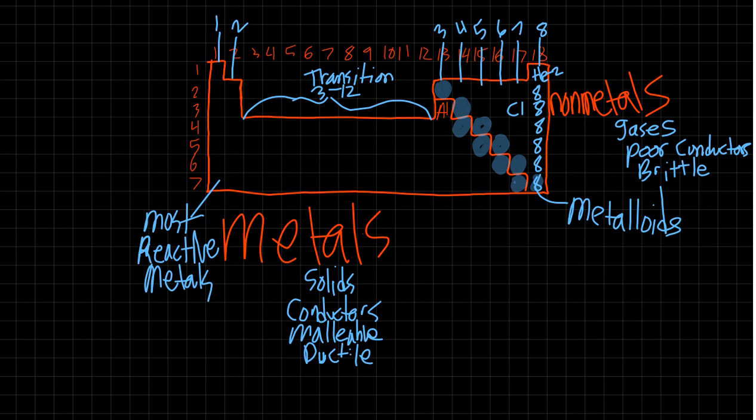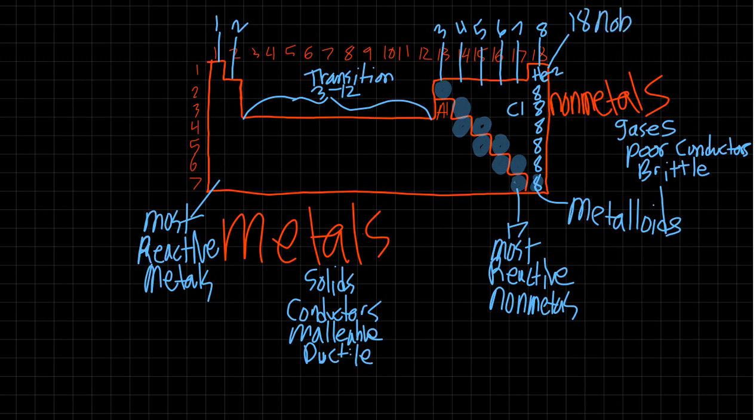Group 17 are the most reactive nonmetals. Group 18 are the noble gases, and they are not reactive at all.